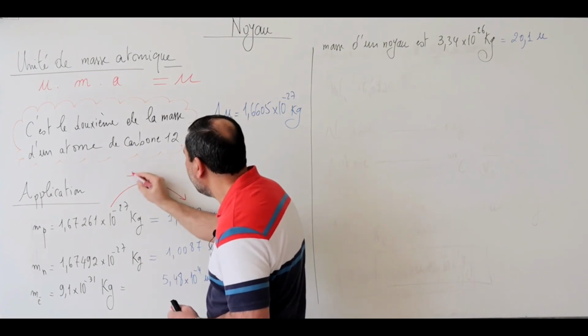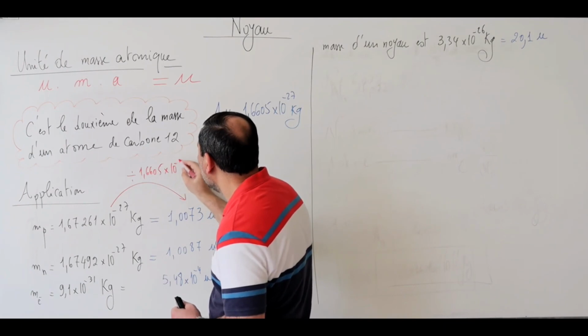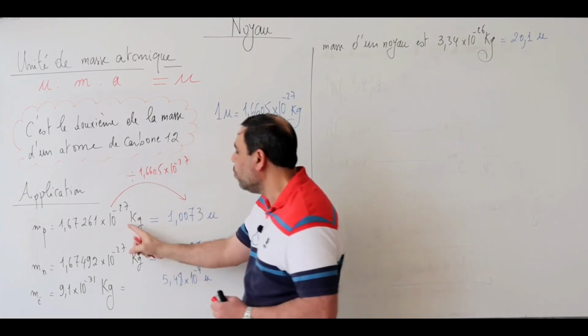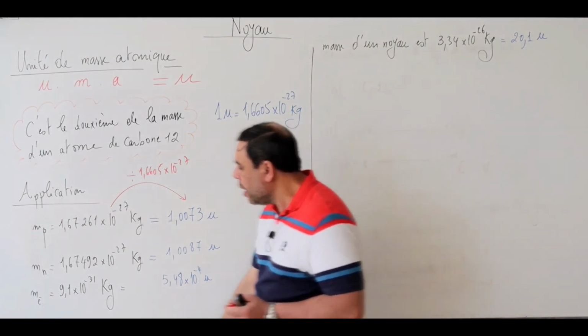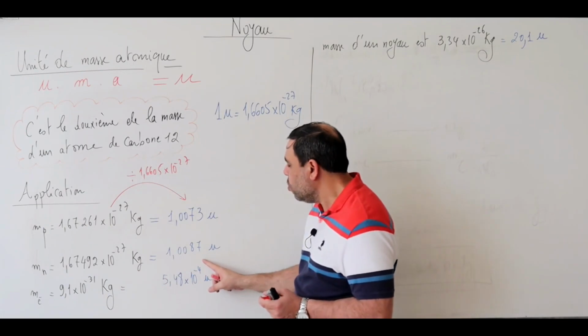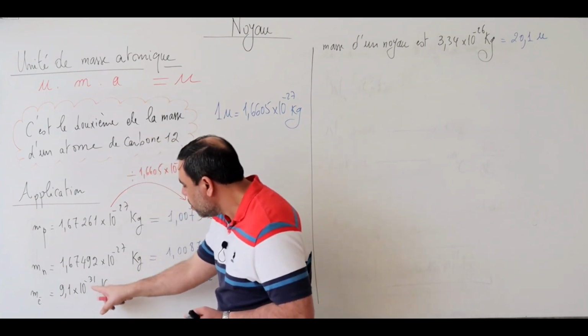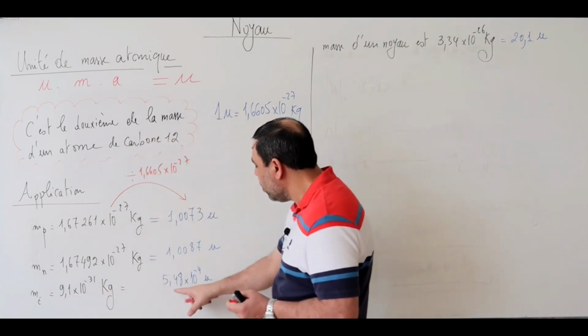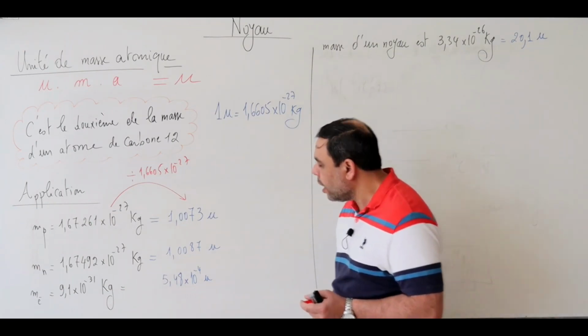So we divide the mass of the proton by 1.6605 times 10 exponent minus 27. It becomes 1.0073 U. The mass of a neutron is 1.0085 U.